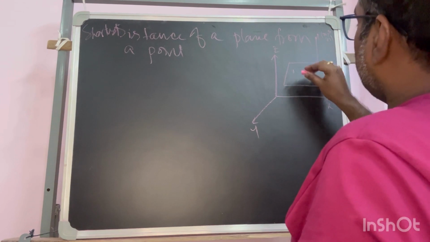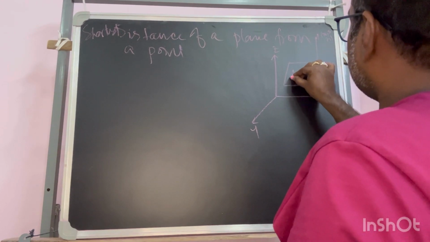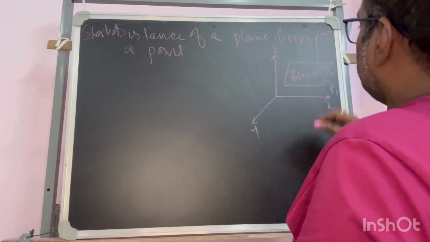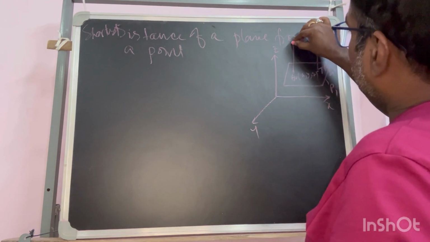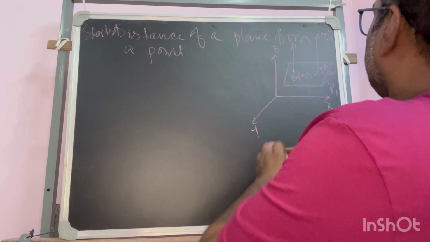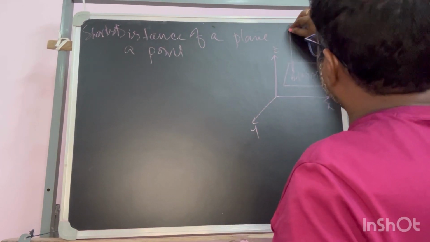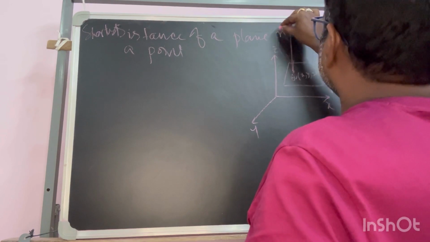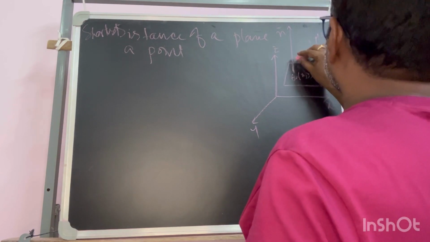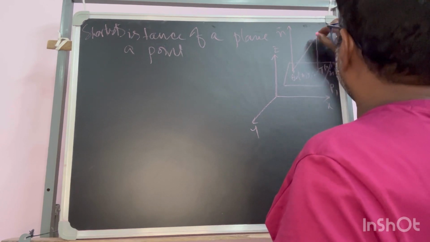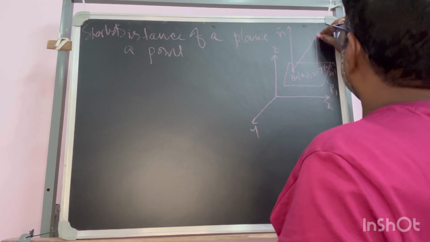Another point Q, we assume is a variable point, could be any point x, y, z, and we are drawing a normal onto that, let's say N, because we need that. This is Q, and we are joining the points P and Q.